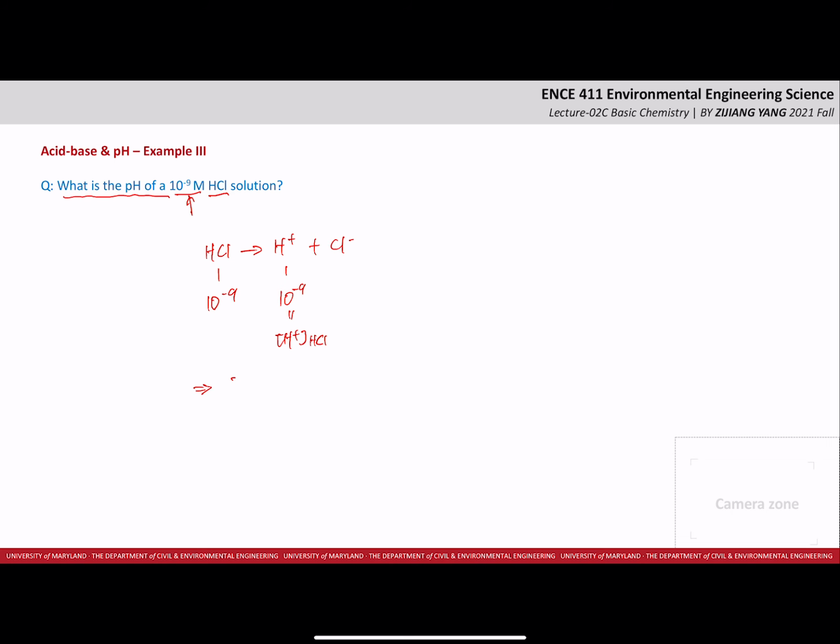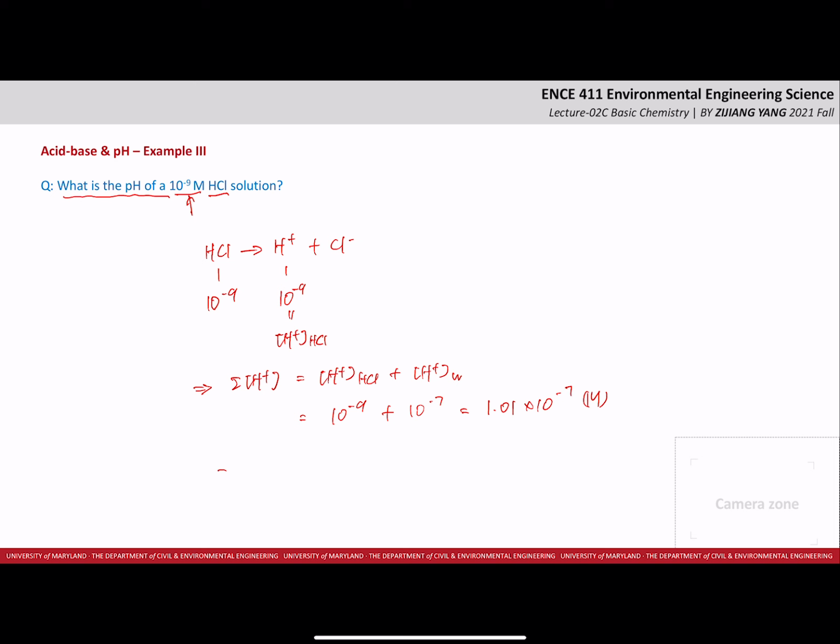And then the total concentration of H plus equals the contribution from HCl plus the contribution from water. So this is 10 to minus 9 plus 10 to minus 7, which equals 1.01 times 10 to minus 7 mole.